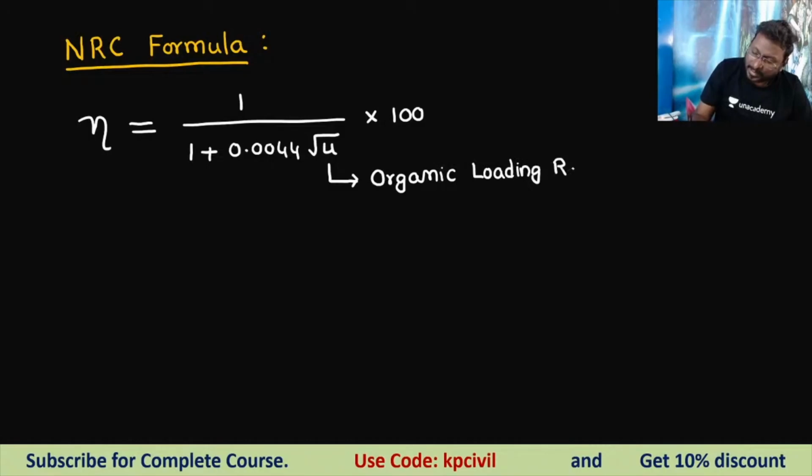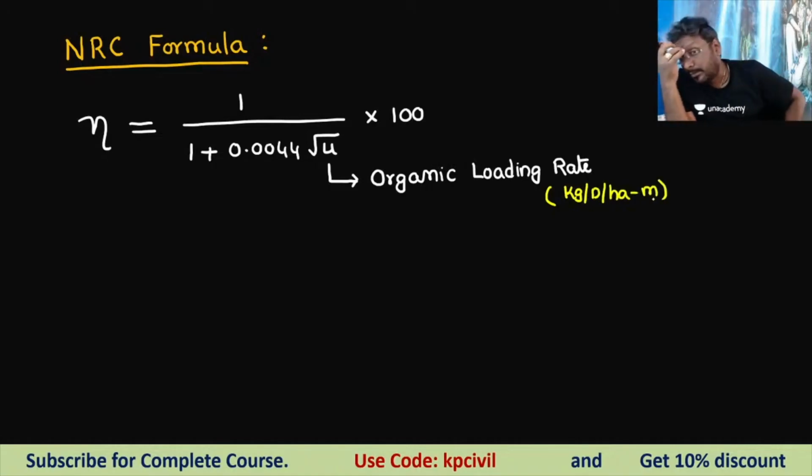In which units is organic loading rate taken? Please tell me. Kg per day per hectare meter. Remember this, not meter cube. In this NRC formula, you are taking organic loading rate U in terms of kg per day per hectare meter.